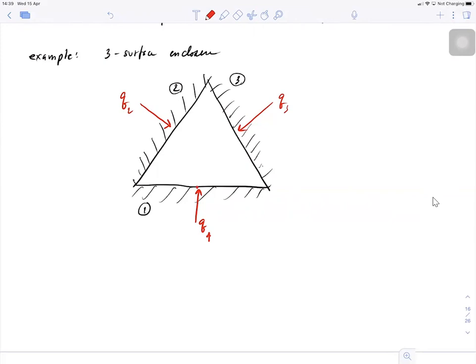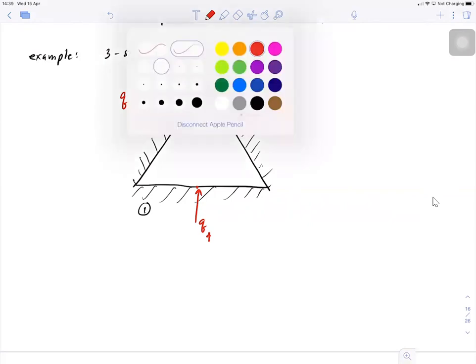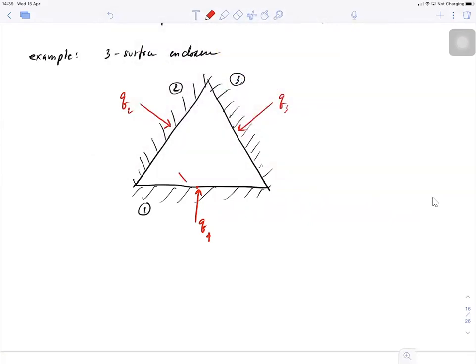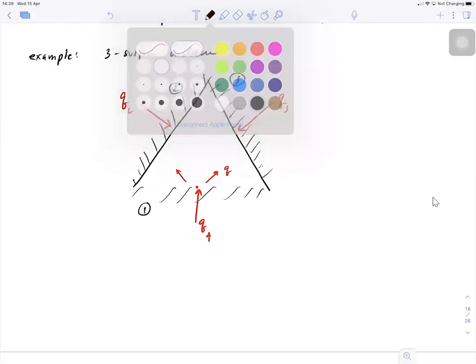Okay, so when you supply Q1 to surface one, it's going to make the radiation, and radiation can happen in two directions, two components. I'm sorry, not the I J. Sorry about that.